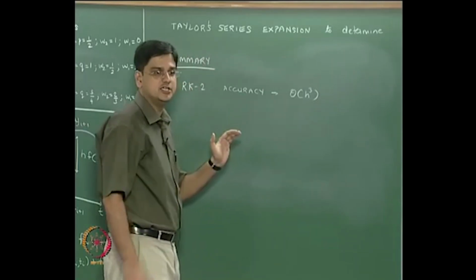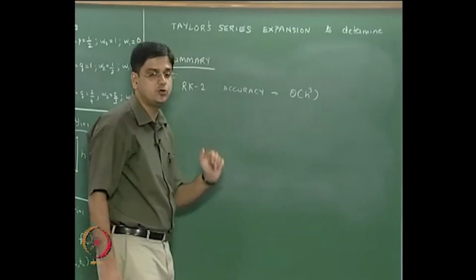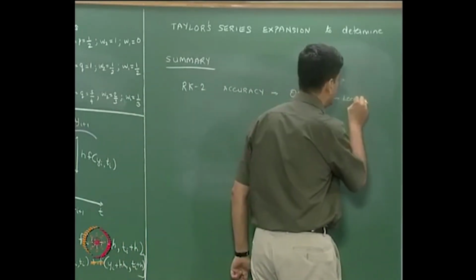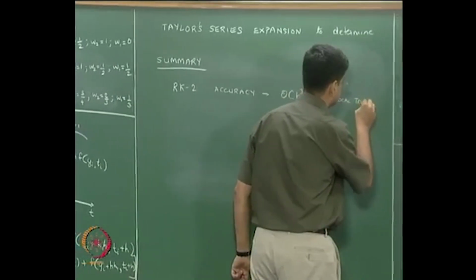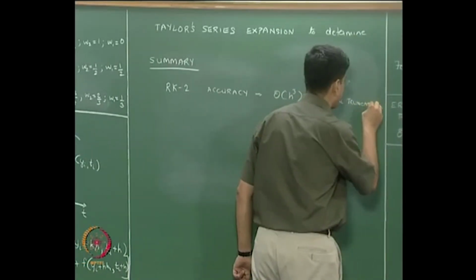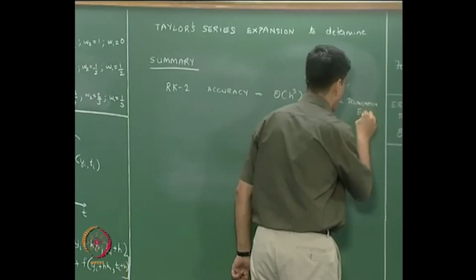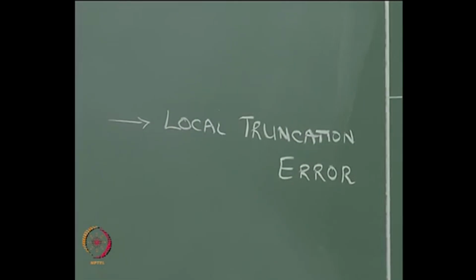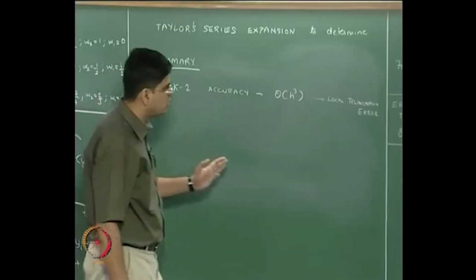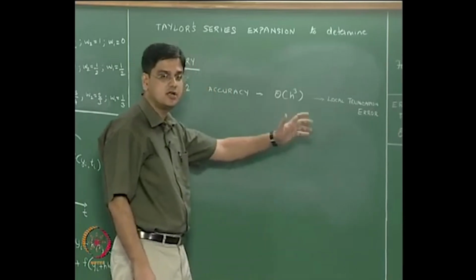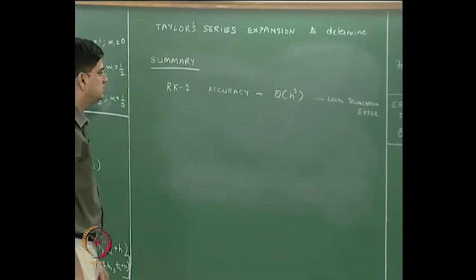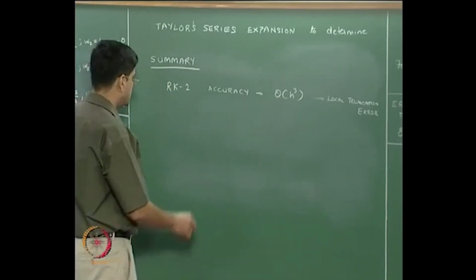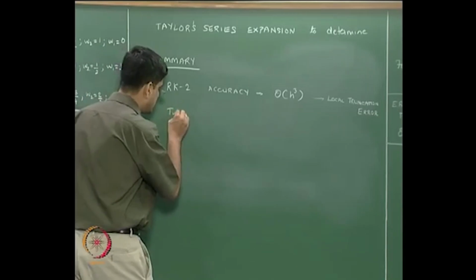In case of numerical solutions of ODE, there are actually two types of truncation errors, and this particular truncation error is known as local truncation error. Okay. The other type of error is known as the global truncation error. We will not talk about the global and local truncation errors in this lecture, we will cover them in subsequent lectures, okay.